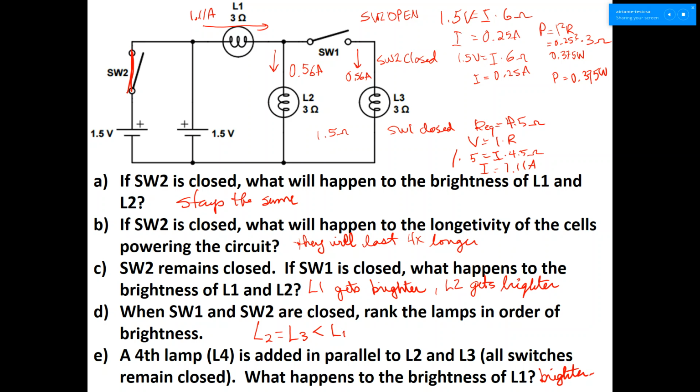Okay, so it's 1.5. Okay, so all this is wrong now. So what's going to be the current now? Yeah, you're right. 0.33 amps. And therefore, this one here is 0.33 amps.